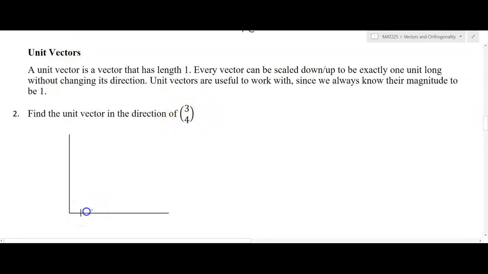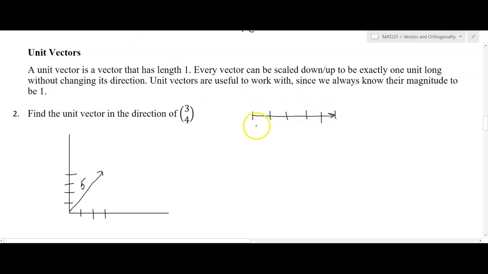All right, so 3 and 4 up will give me this vector here. And so its length is going to be 5 units long. So what do I have to do to something that's 5 units long? Let me draw that vector off to the side, and let's think about this for a second. If this is 5 units long, then in order to get 1 unit long pieces, I need to divide this into 5 segments. So 2, 3, 4, 5, right?